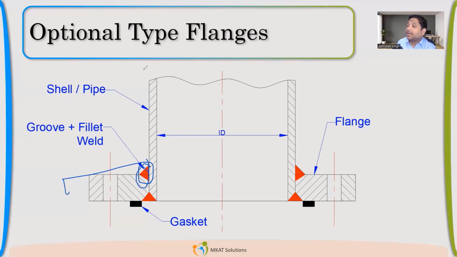So typically it is considered and designed as integral, but if you see the few conditions, if they are met, in that case we'll have to design them as slip-on type flange.